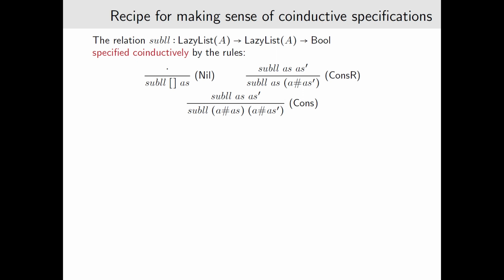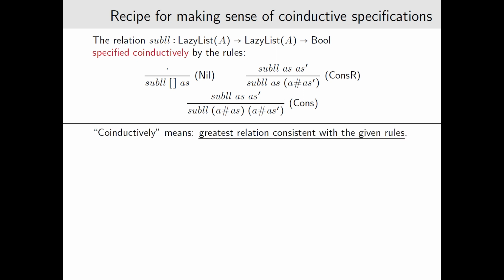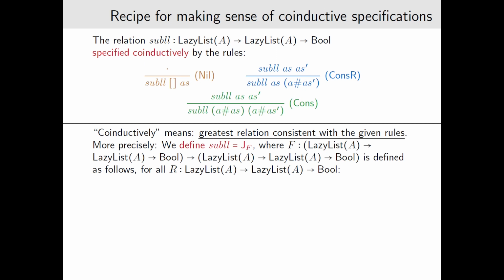So you write these rules directly, and the coinductive interpretation of these rules means the greatest relation that is not closed under these rules, but consistent with the given rules.